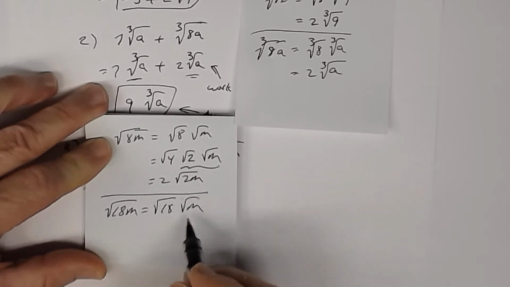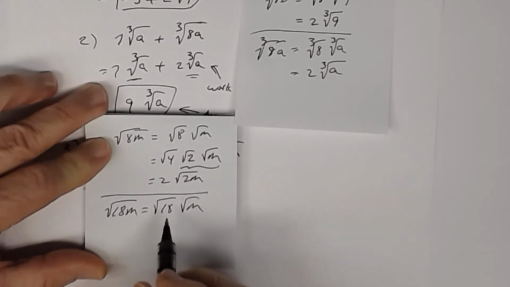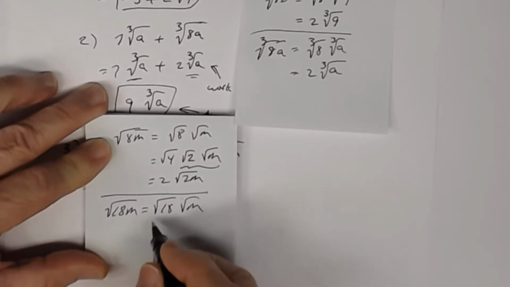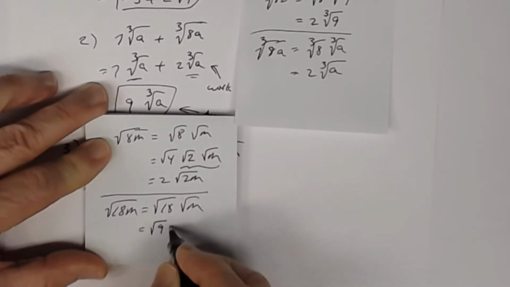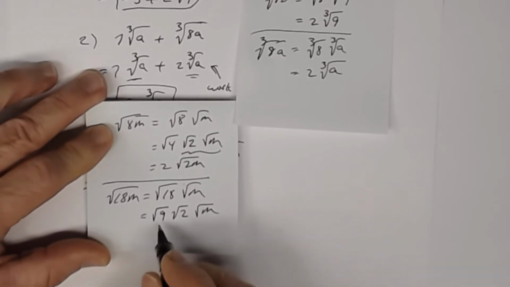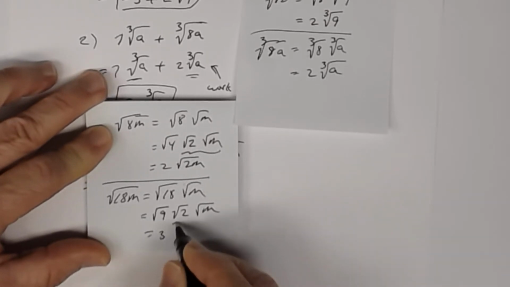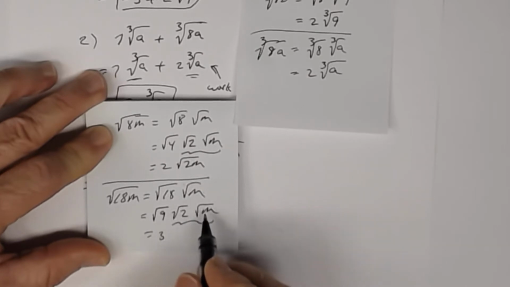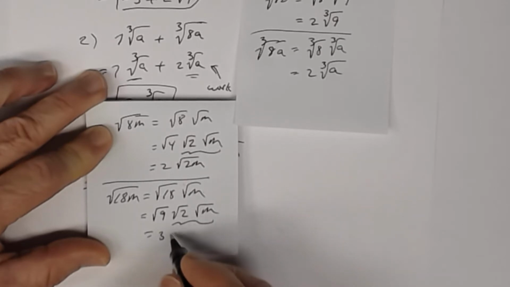The square root of m I cannot simplify because 1 is less than 2, but the square root of 18 I can simplify because the largest perfect square that goes into 18 is 9. So I can write this as the square root of 9 times the square root of 2 times the square root of m. And the square root of 9 is 3. And just like we talked about a while ago, since the indices are the same, I can multiply the radicands. So this becomes the square root of 2m.